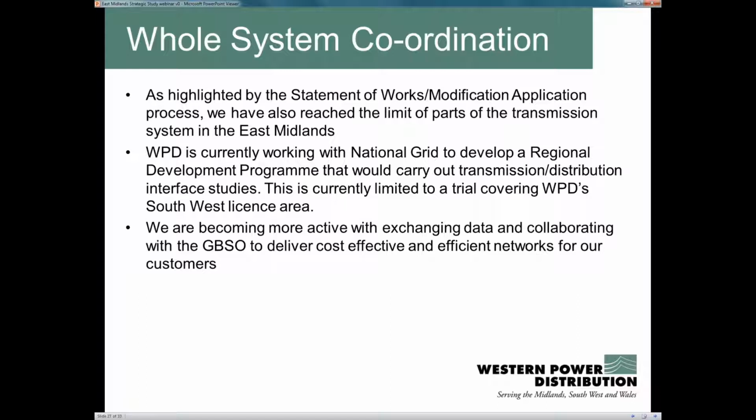We're also working with National Grid on a regional development program that is specifically looking at the southwest license area. It's looking at more collaborative studies so that we can approach reinforcement on the network in a more coordinated fashion, look at transmission and distribution solutions for both of those issues, and try to deliver a more efficient and economic network.